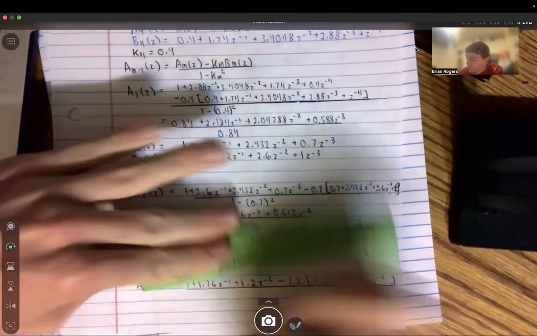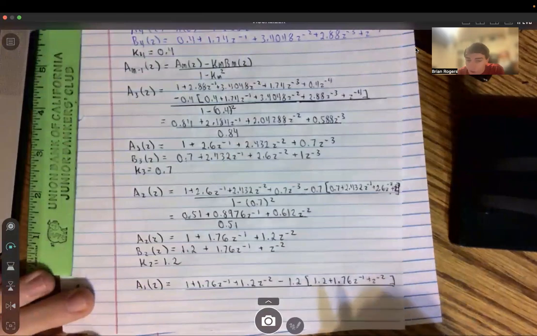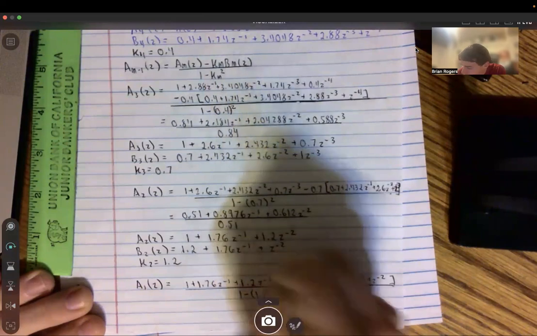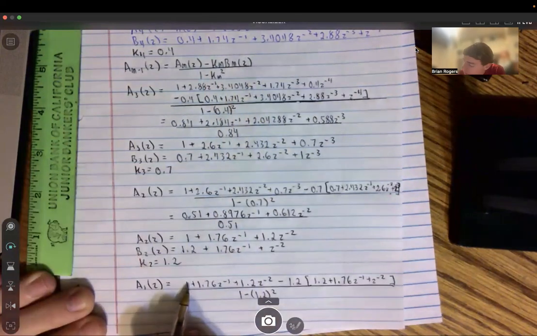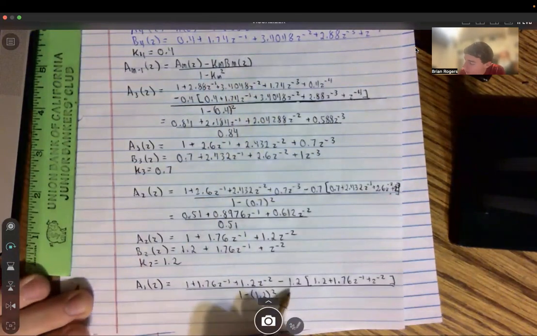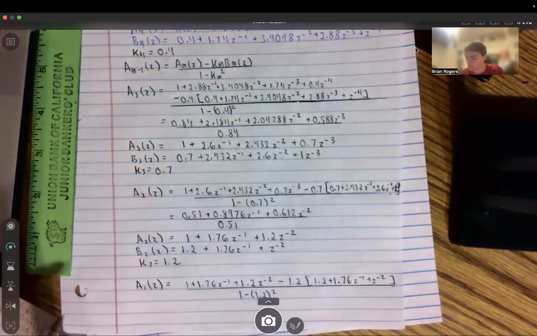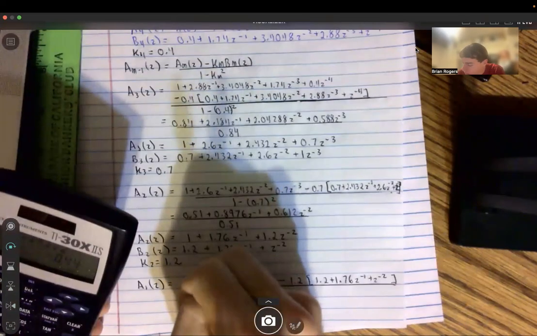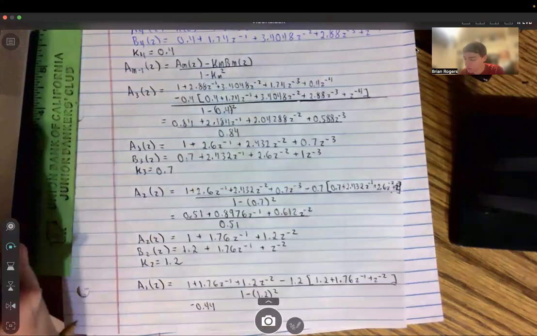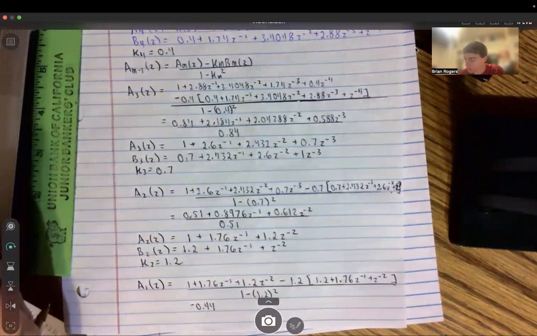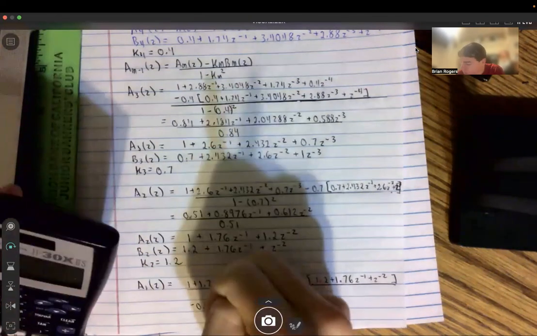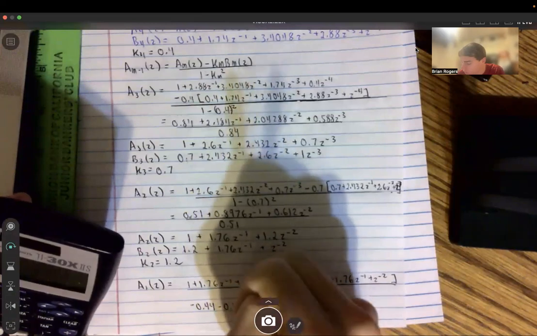And then here, when we solve for this, it would be 1 minus 1.2 squared. If we have 1 minus 1.2 times 1.2, you'll get negative 0.44. Then you'll get 1.76 minus 1.2 times 1.76. You're going to get minus 0.352 z to negative 1.